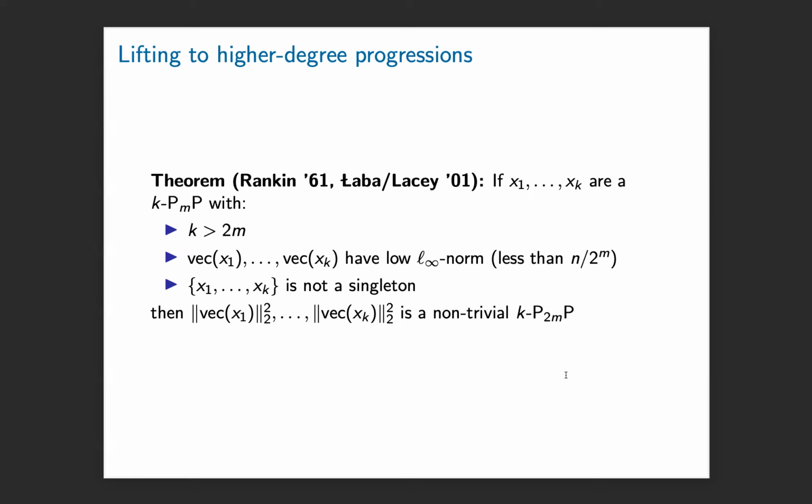And not all of the points are the same. Then if you take the lengths of the vectors, this is a degree 2m polynomial progression, and they're not all the same values. So this is a sort of higher degree analog of the fact that no sphere contains more than 2 points on a line.